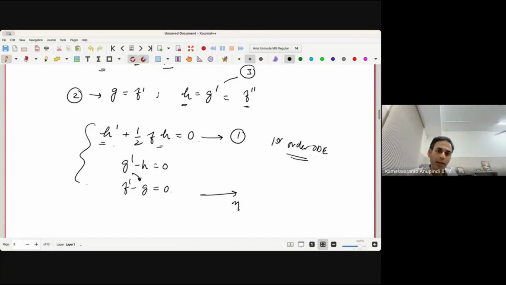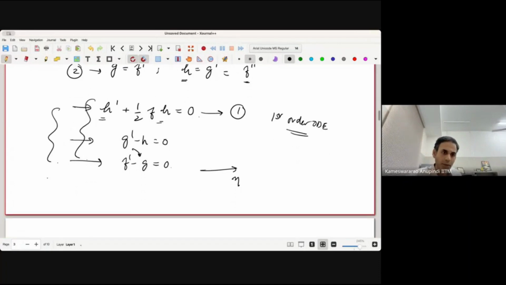Whatever solution technique we use to solve the first order ODE can be applied here as well as here. In a similar sense, we can convert any higher order ODE to a set of first order ODEs.